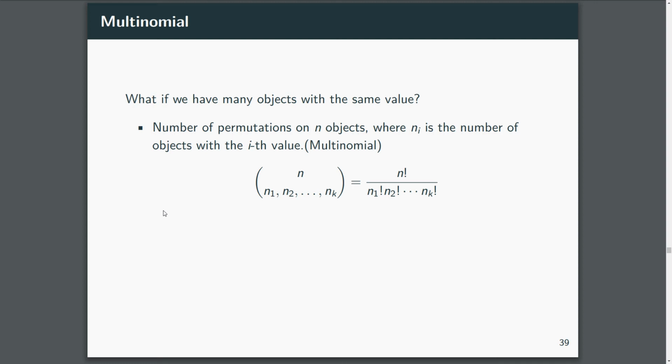The multinomial for that is denoted with this notation here. So we have n at the top, and then we have how many times each item occurs. And that is n factorial divided by n1 factorial times n2 factorial times n3 factorial, and so on.